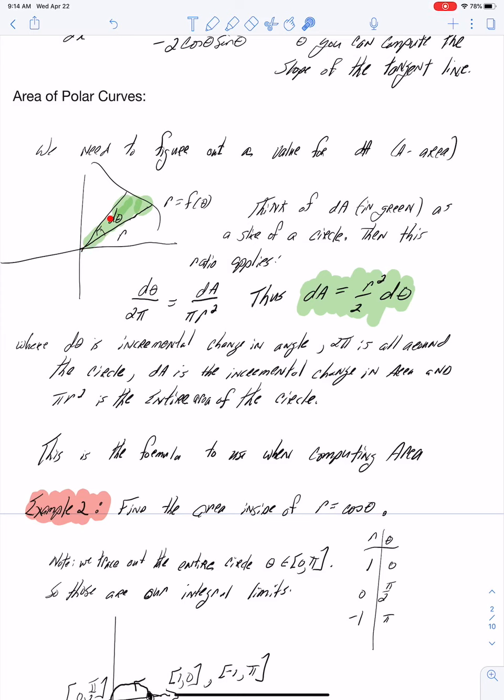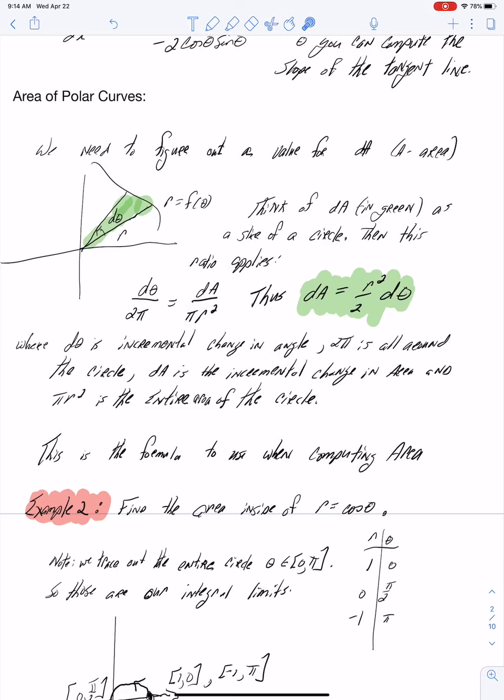Now remember, as d theta goes to 0, this more closely approximates a piece of a circle. And in fact, in the limit, we can consider it that.